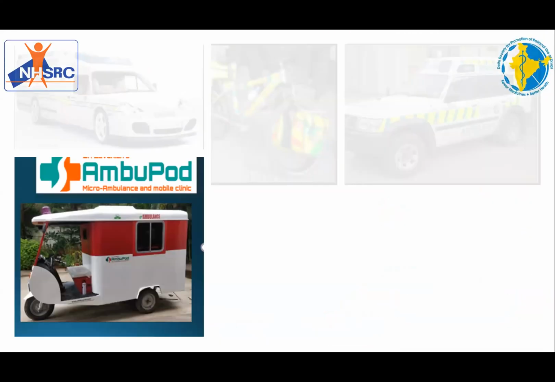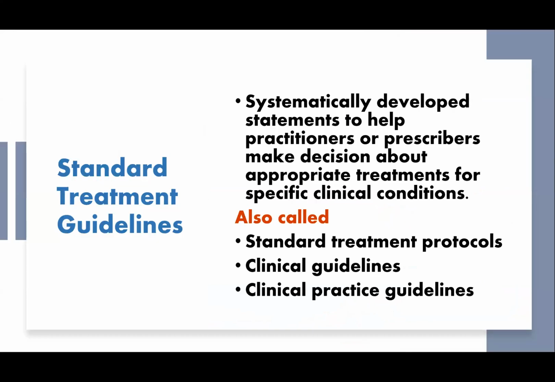So that is why we need standard treatment guidelines. These are systematically developed statements. The main aim is to help practitioners to prescribe and make decisions about appropriate management. You don't have to do this evidence-based literature review. There are all kinds of reports on the internet today.